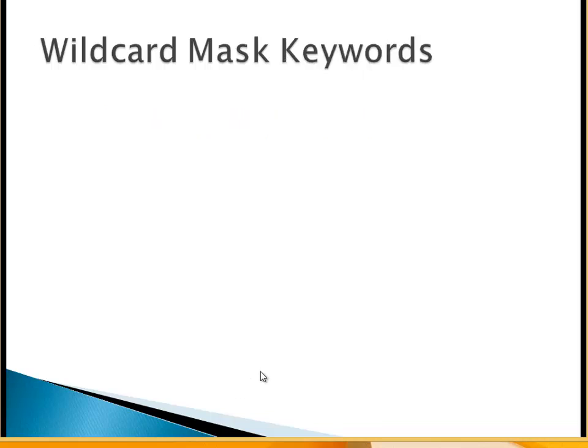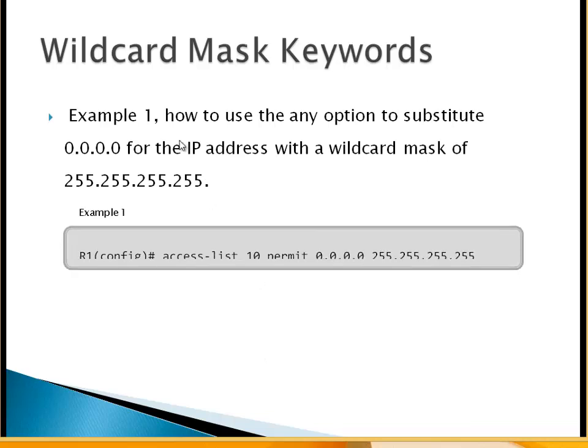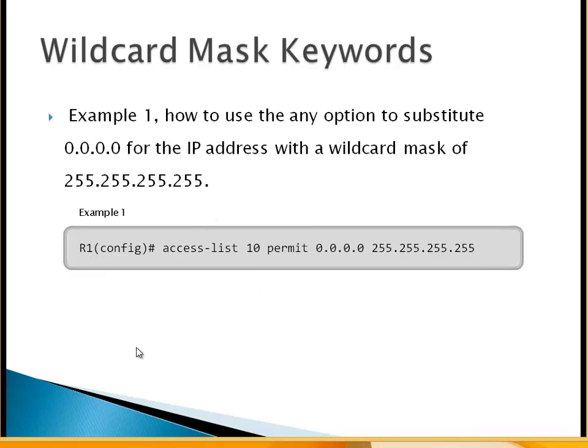Now, wildcard mask keywords. Example 1 is how to use the any option to substitute 0.0.0.0 for the IP address with the wildcard mask of 255s. If you look at this wildcard mask and this address, we don't care about the first octet, the second, the third, or the fourth.